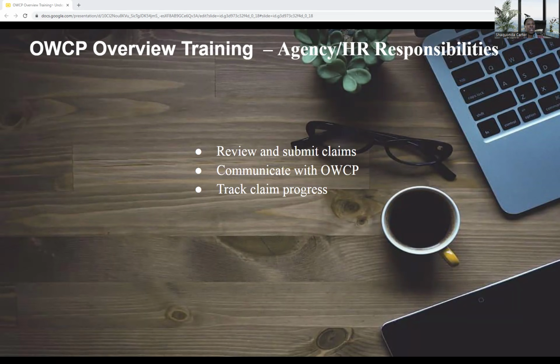For instance, some managers may be busy and not able to access certain forms or get to a computer to make adjustments and things of that nature. So we, as the agency and the HR representative, are there to help managers and the employee make sure that the information is reviewed and submitted.